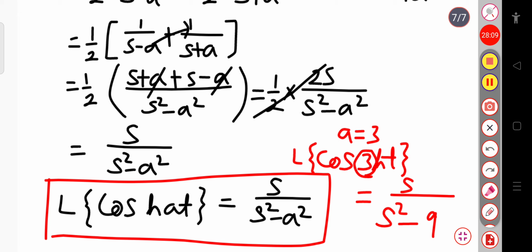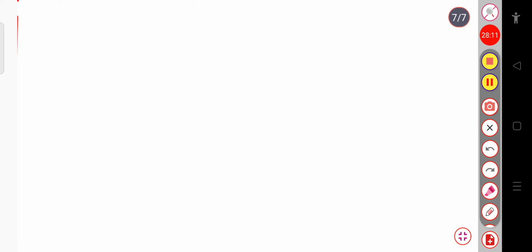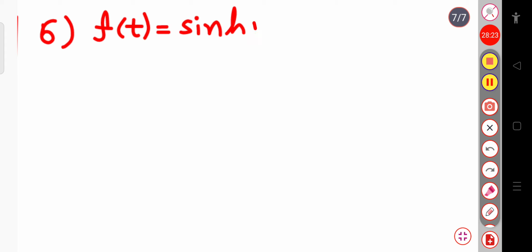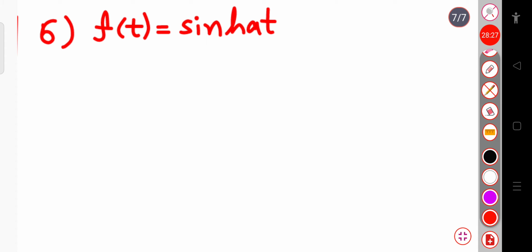Now suppose we calculate for the function f of t equal to sinh at, the hyperbolic sine at. We are going to calculate the Laplace transform of this function.